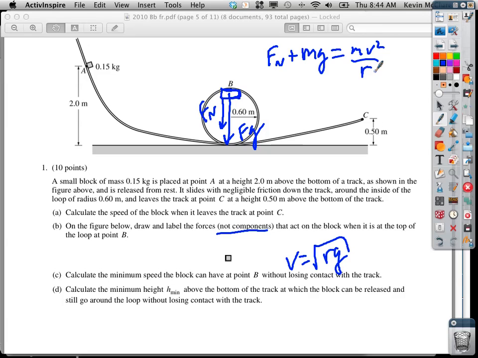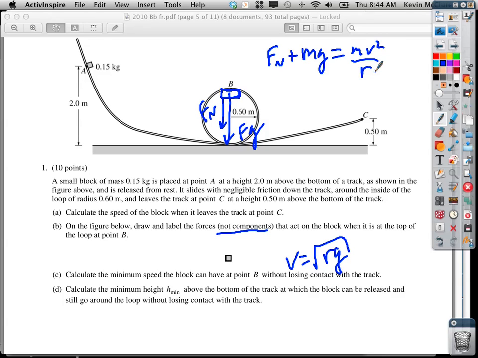Okay, and you remember, if I take this yo-yo and I spin it at the minimum velocity, what's the tension in the string right there? 0. Yeah, you see how it's 0? Does it make sense to you that I can spin this at barely the speed that even though that string is straight up, there's no tension in the string because it's basically falling through the top of that spin.